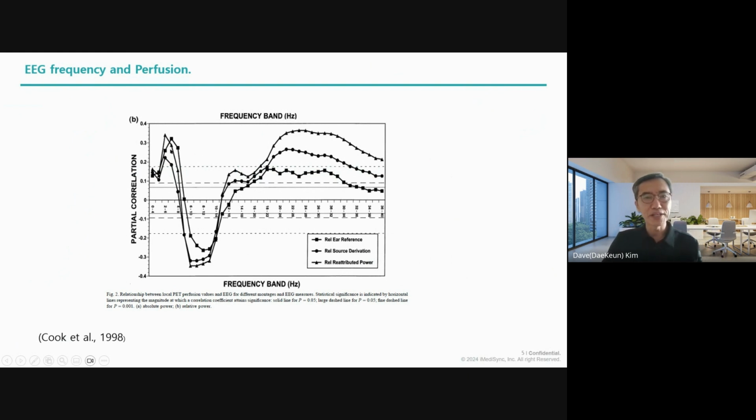Sleep requires a lot of blood flow. In theta and alpha, we can see a very deep dip, very small blood perfusion. And beta 3, 20 to 30 Hz in our cases, has very high blood perfusion in stressful situations.